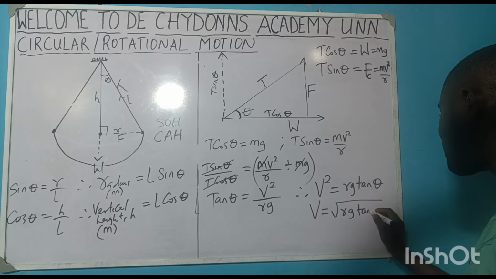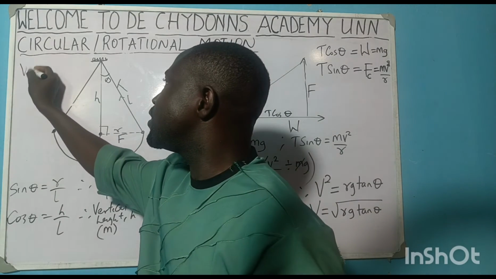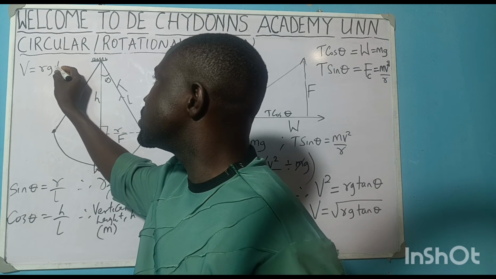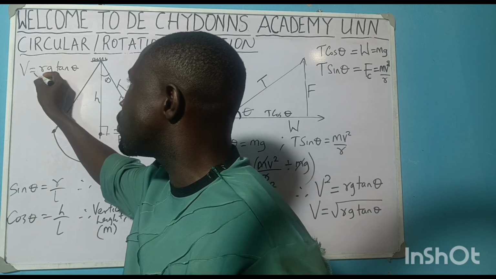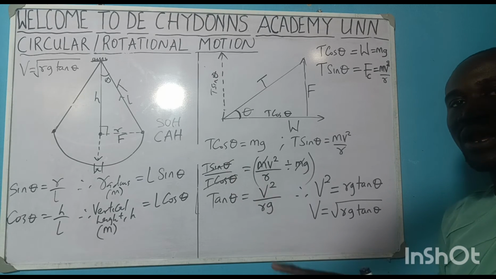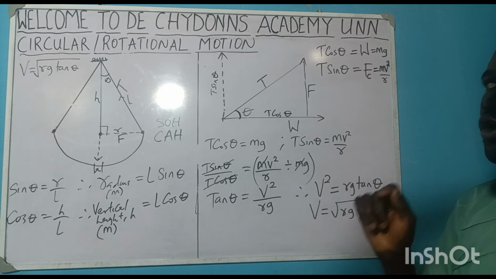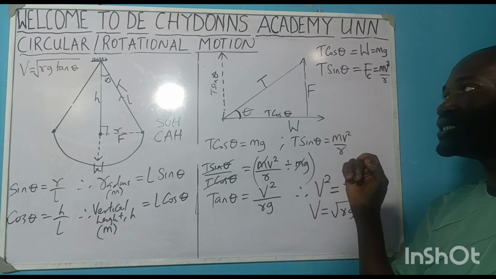Rg tan theta. So you should not forget that V is equal to the square root of Rg tan theta. Very important. So the velocity of a body undergoing circular motion is V equals the square root of Rg tan theta.